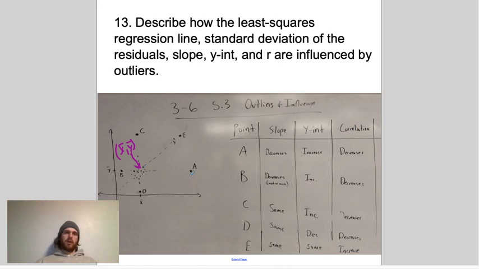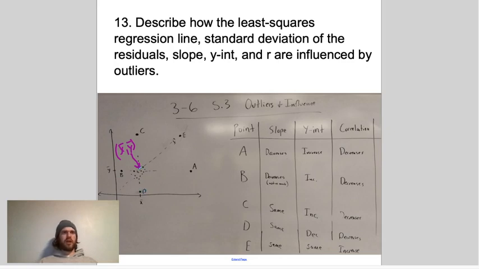And then A and B, in these cases, A is going to drastically drop that slope down because it wants to pull the line closer to that point and try and predict to go through. So what that's going to do is raise the y-intercept and lower the slope. If you remove these two and add just B, that is going to have the same effect. It's going to bring the y-intercept up and lower the slope.